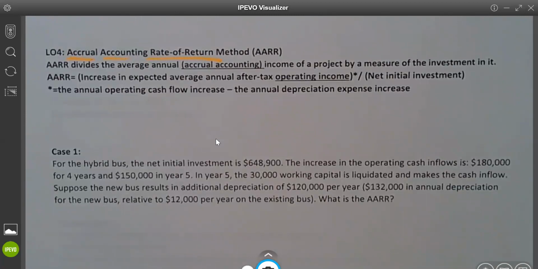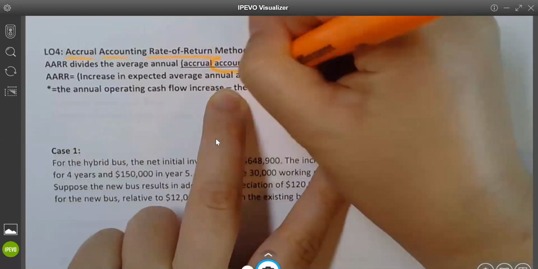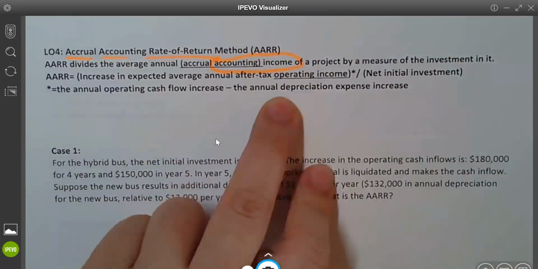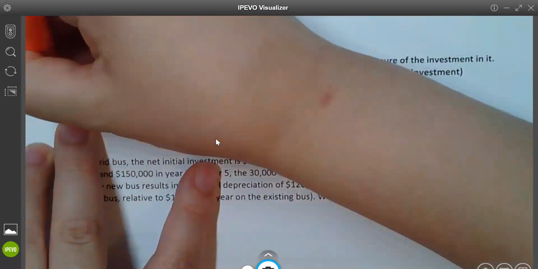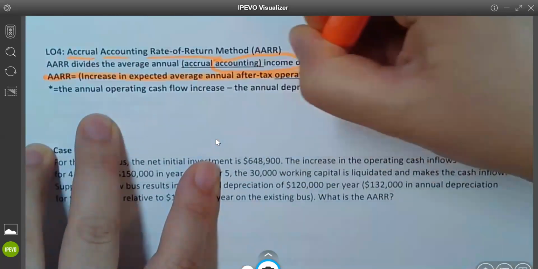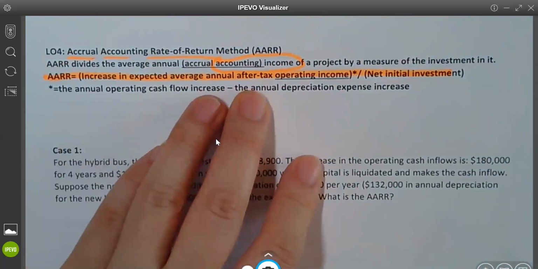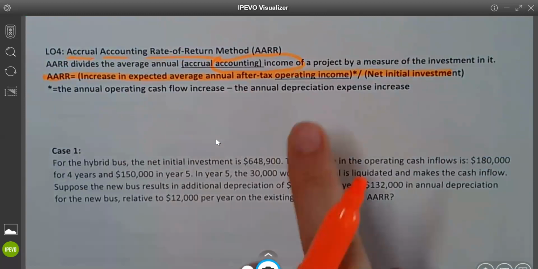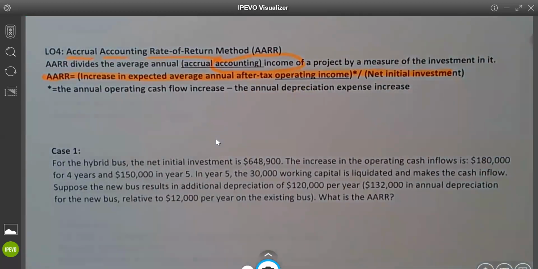I would say you definitely will have a question in the final exam. I put it that way. So you can see how much I want you to pay attention to this method. It focuses on our accounting income from the operation. Formula, likely you know, you can look at this formula. So the formula is your operating income divided by your initial investment.